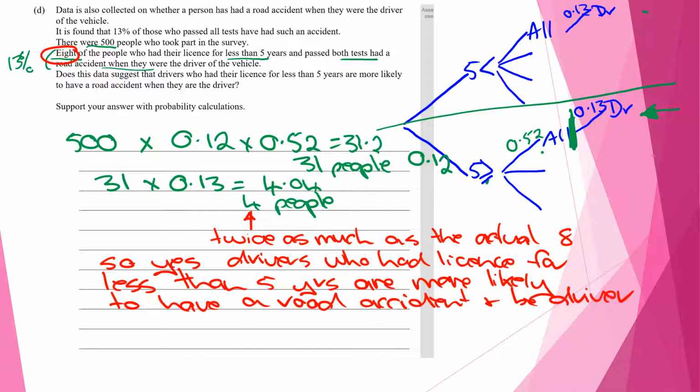Okay, so the 13% might be true for the other group that had their license for more than 5 years, but it is not true for the group that had their license for less than 5 years. So we would expect this probability here to be much larger, probably twice as large as 13%.